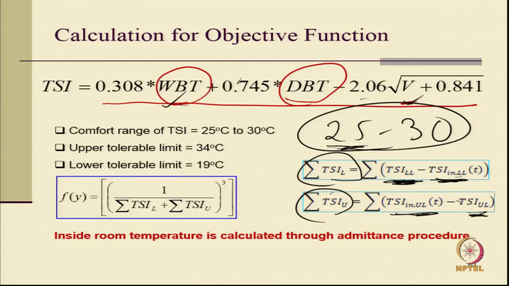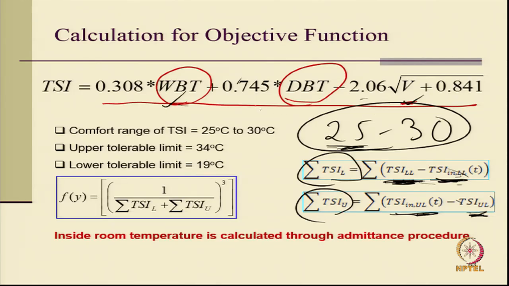So the negative deviation I can maximize. These are negative values, as you can see, and I can maximize them.